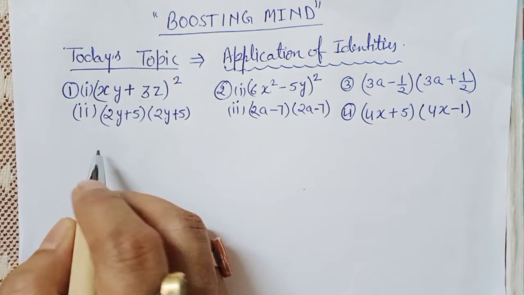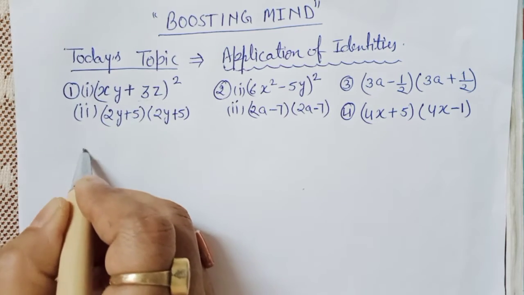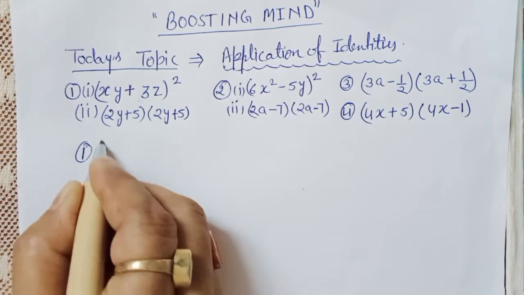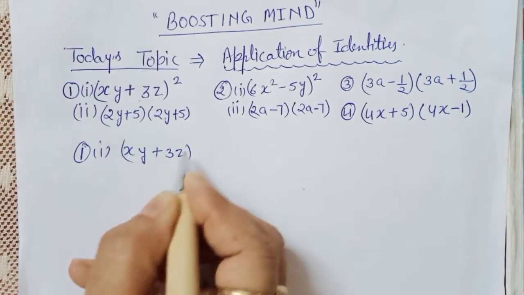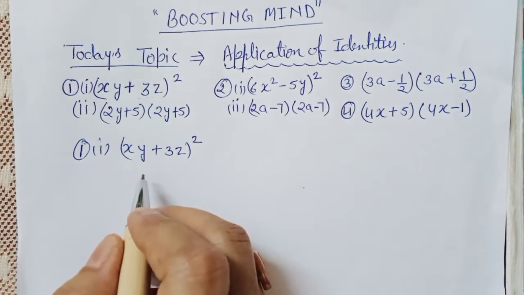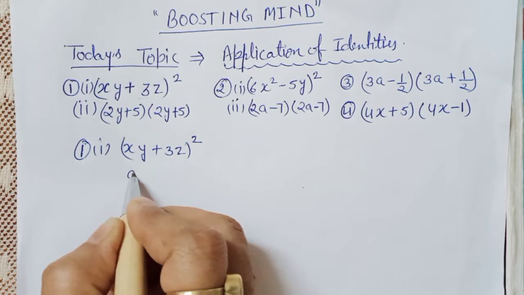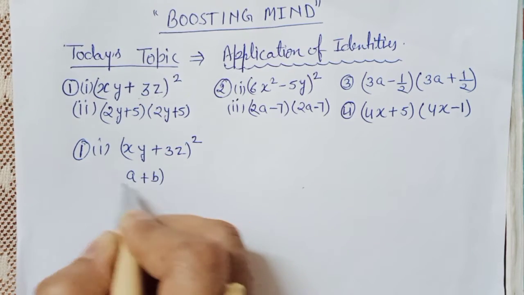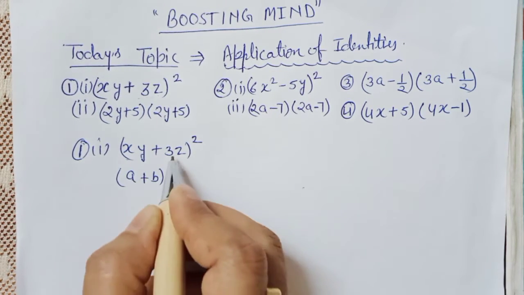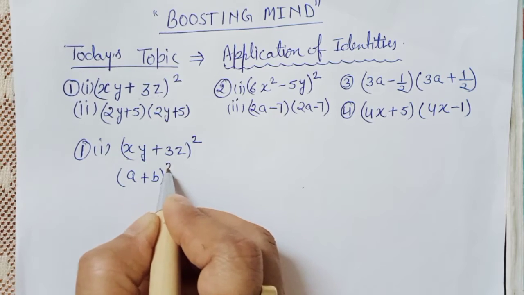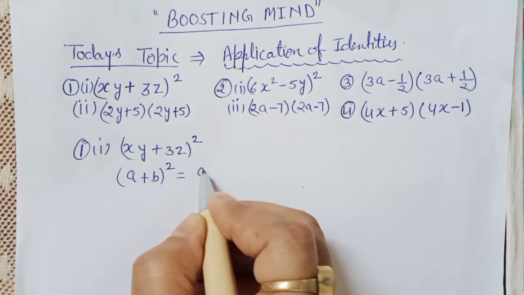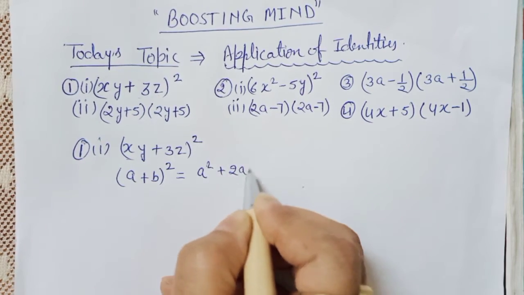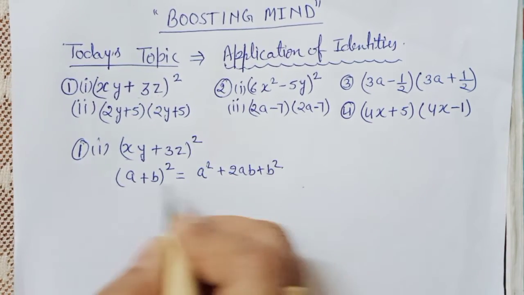So this type of polynomial we have to solve by using the first identity, because it is in the form of (a + b) whole square. a is the first term and b is the second term. What is the identity? The first identity is a square plus 2ab plus b square.